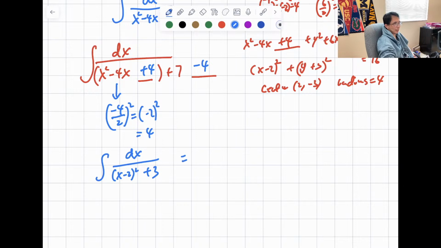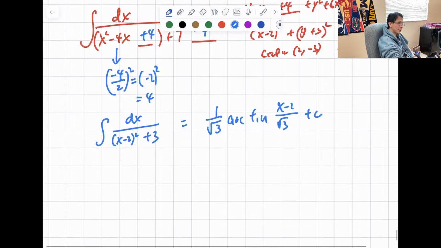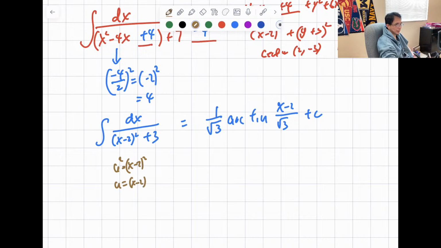So then you can say 1/√3 arctan of (x minus 2) over √3 plus c. Why? Because u squared is equal to x minus 2 squared, u is equal to x minus 2, a squared is equal to 3, a is equal to √3.